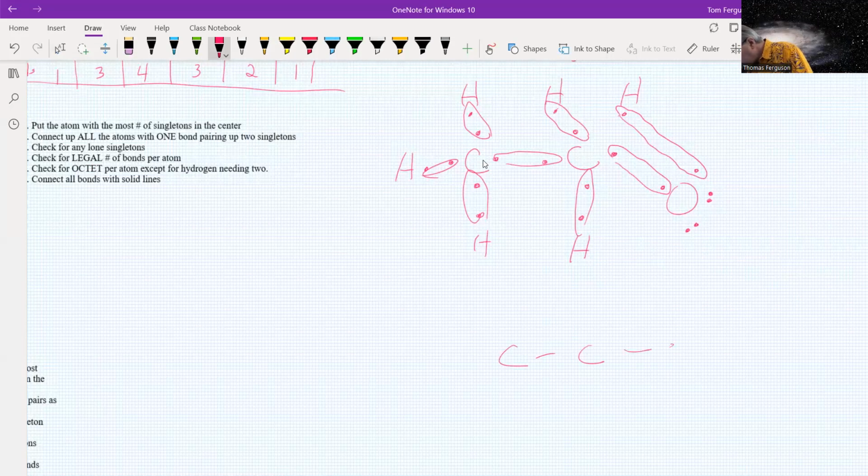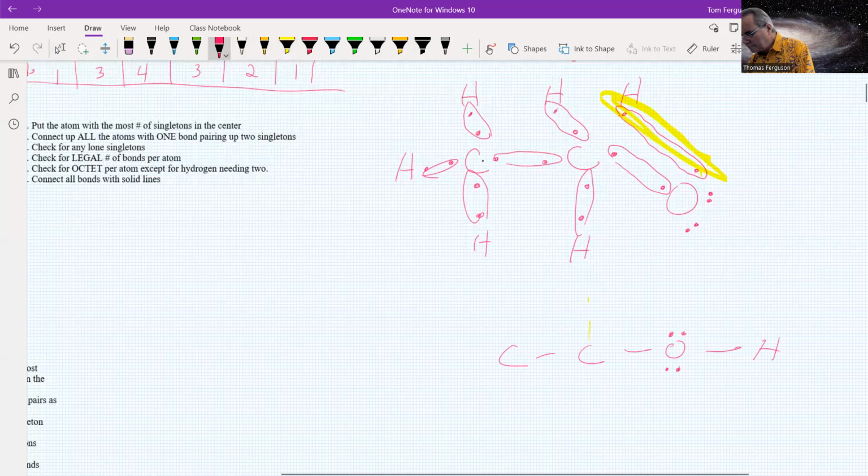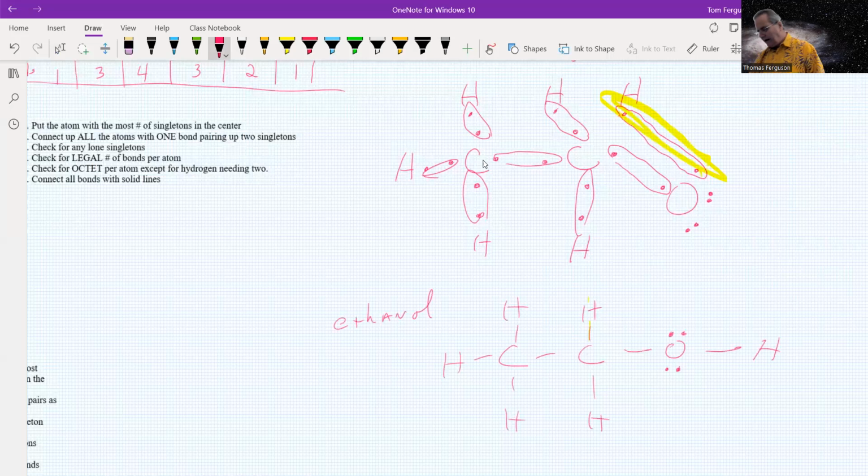Notice I took these and just moved them outward, convenience-wise. That's ethanol.